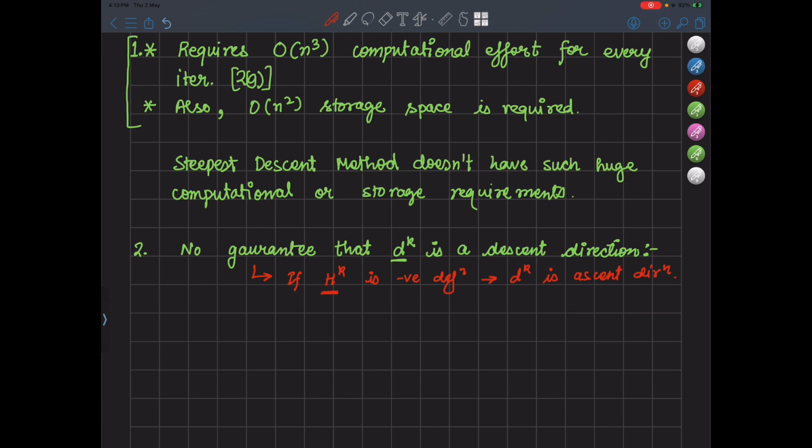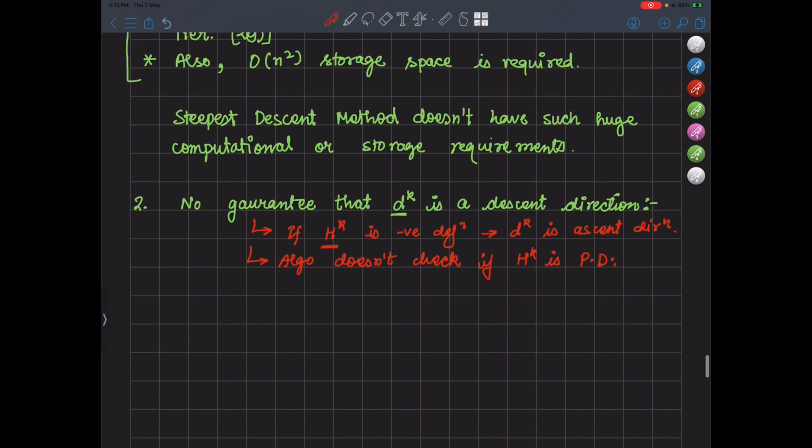So if Hk is negative definite, dk can be an ascent direction, which fails our purpose. So this algorithm doesn't check if Hk is a positive definite matrix or not.